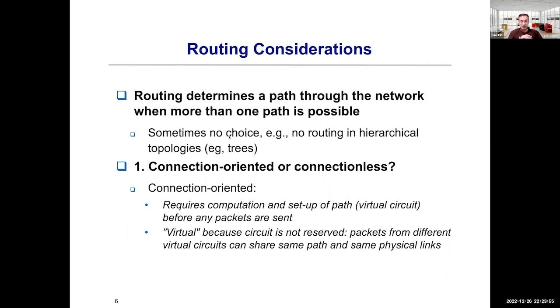Routing determines a path through the network, and more than one path is possible. Sometimes they don't have a choice, but sometimes there is more than one path. Selecting a path depends on different priorities, but typically the internet now usually uses Dijkstra's algorithm and finds the shortest path.